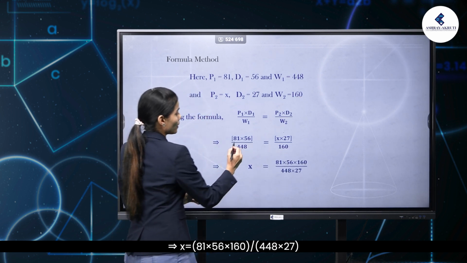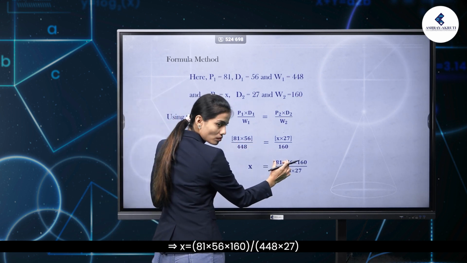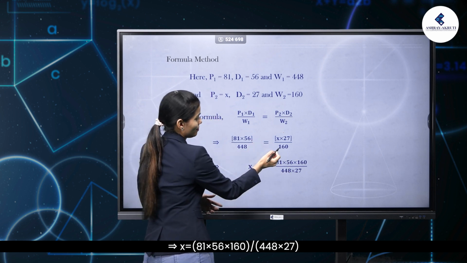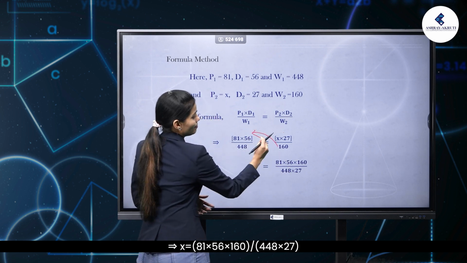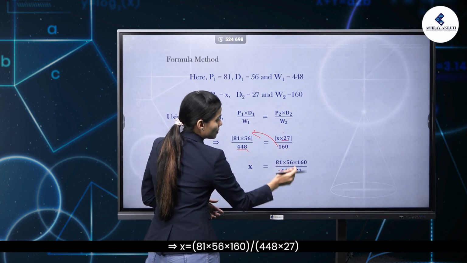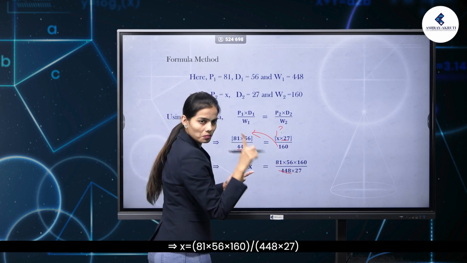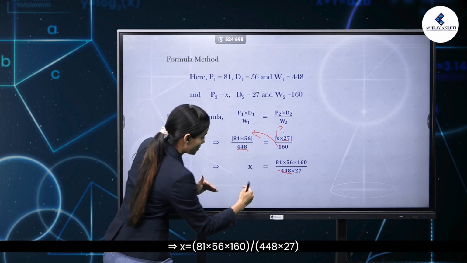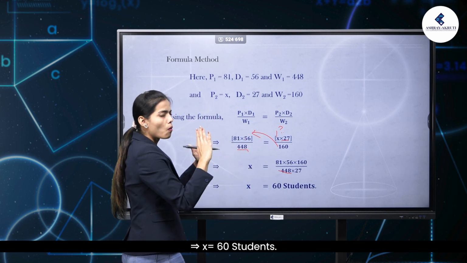X is equal to 81 into 56 into 160 by 448 into 27. X is equal to 60 students.